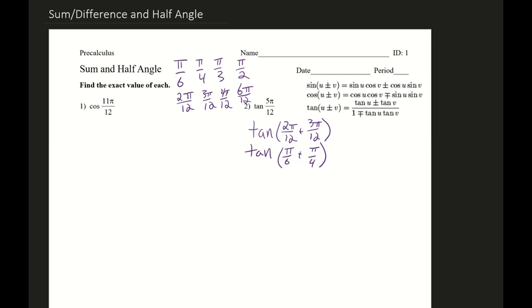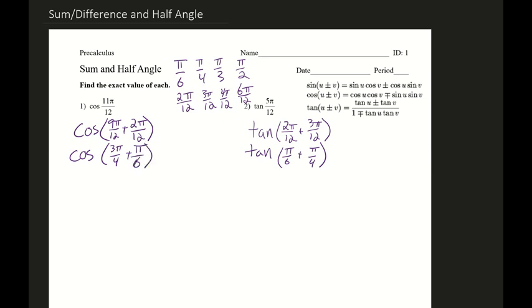So we could do cosine of 9 pi over 12 plus 2 pi over 12. So we couldn't do like 6 pi over 12 and 5 pi over 12 because the 5 pi over 12 we don't know our angles for. Whereas 9 pi over 12 and 2 pi over 12, that will simplify to this is 3 pi over 4 and this is pi over 6.